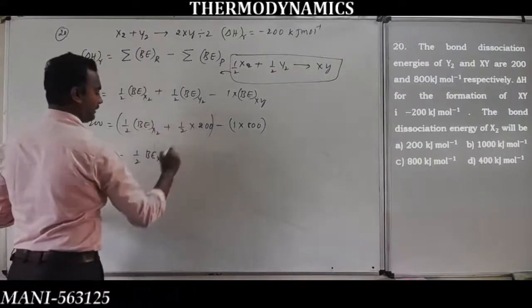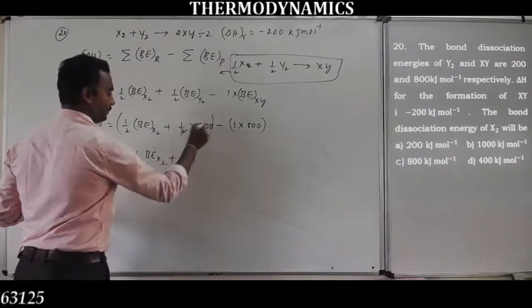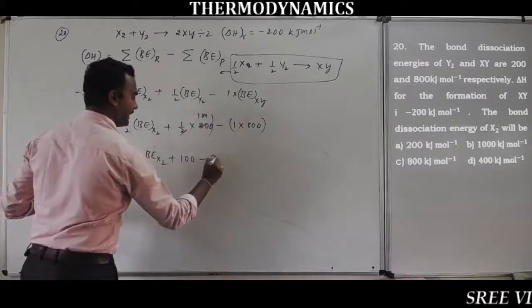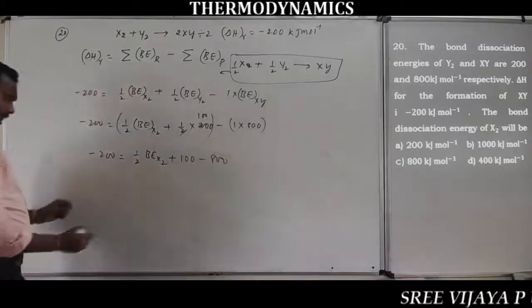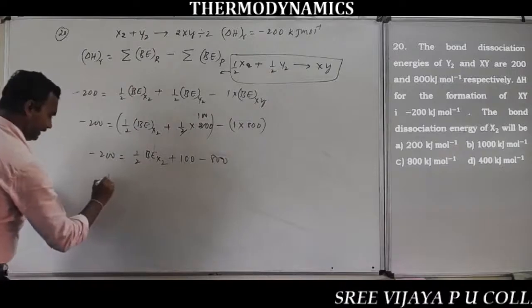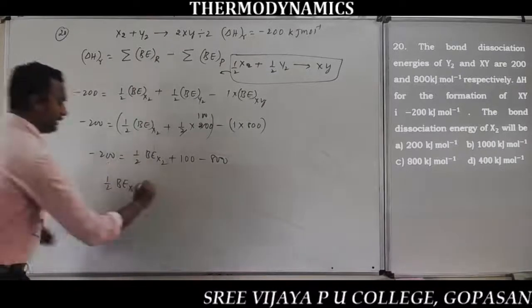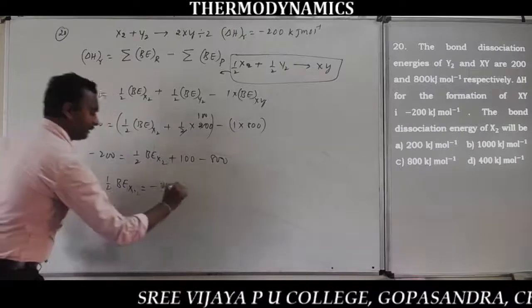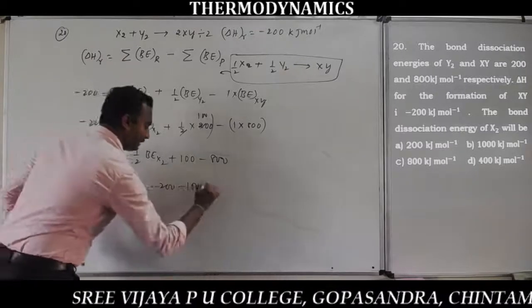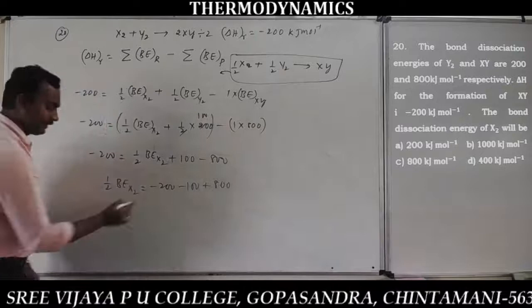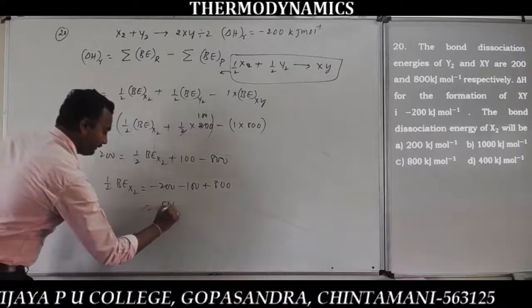So let's put that is plus 100 ಬರುತ್ತೆ. 1/2 into 200 is 100 minus 800. So ಇದು ಮಾಡ್ಕೊಂಡ್ರೆ ನಿಮಗೆ that is of bond enthalpy of X2 is equal to -200. ಈ ಕಡೆ ಬಂದ್ರೆ -100 ಮತ್ತೆ ಆ ಕಡೆ ಹೋದ್ರೆ +800. So that is equal to ಎಷ್ಟು ಬರುತ್ತೆ, 500 ಬರುತ್ತೆ.